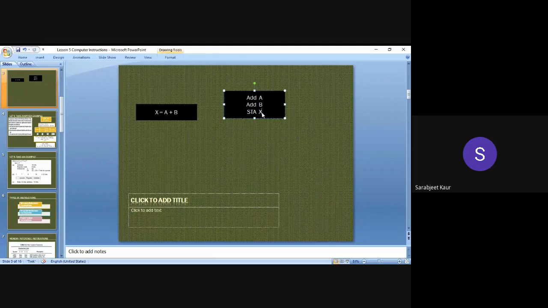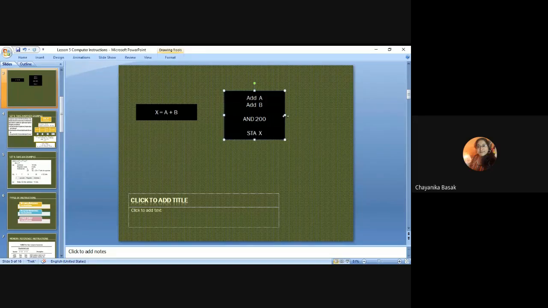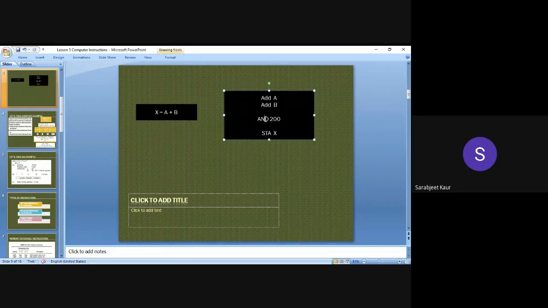So you've already seen these two instructions, if you remember, add A and add B, on the same formats. Yes or no, students? Yes, ma'am. The only thing that we are now changing is that earlier we had discussed adding, and I had pictorially shown to you how this operation will take place.